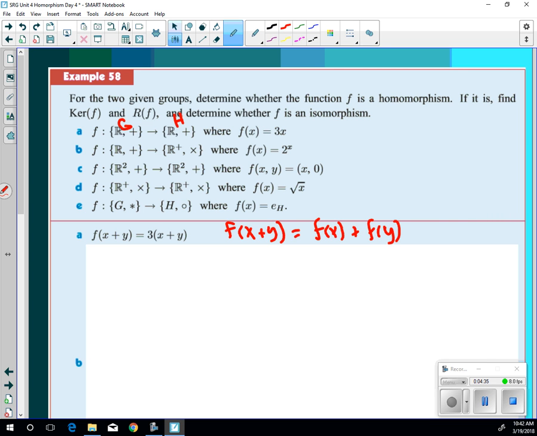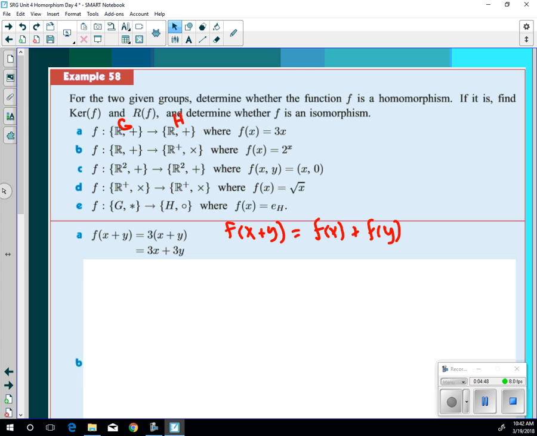Will that work for 3x? If we go 3 times x plus y, is that the same as 3x plus 3y? Yeah.